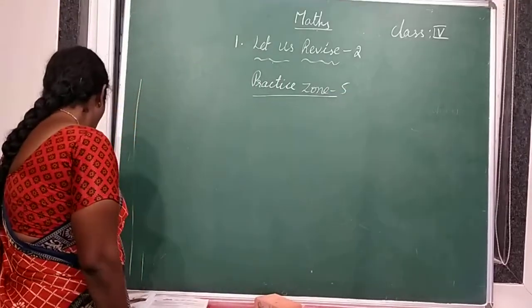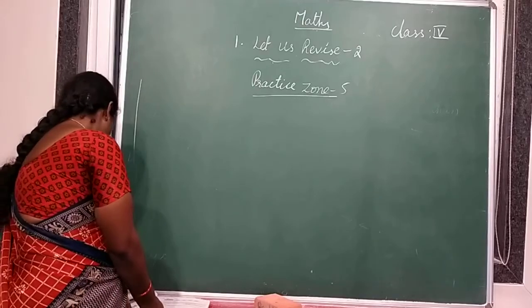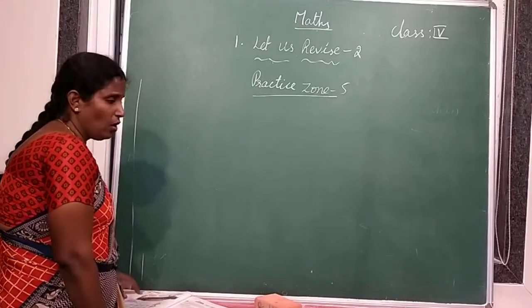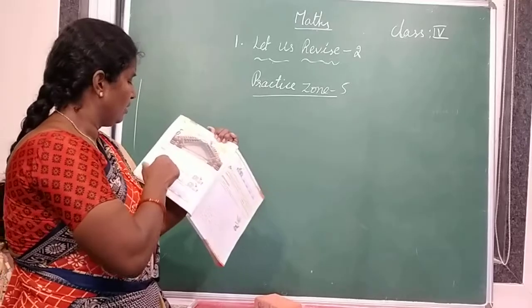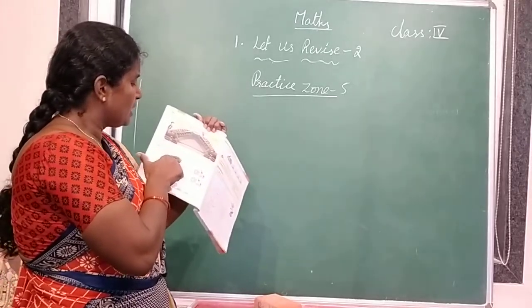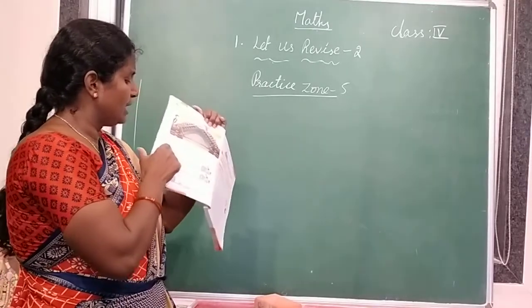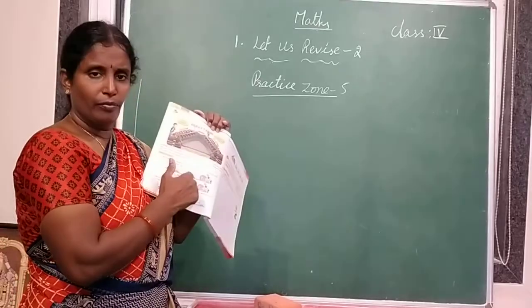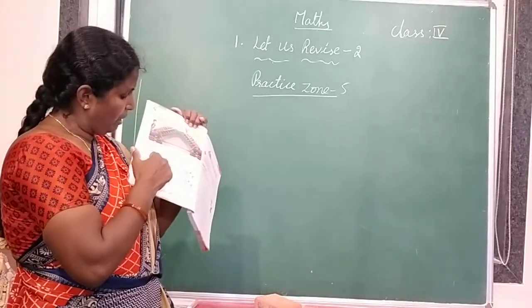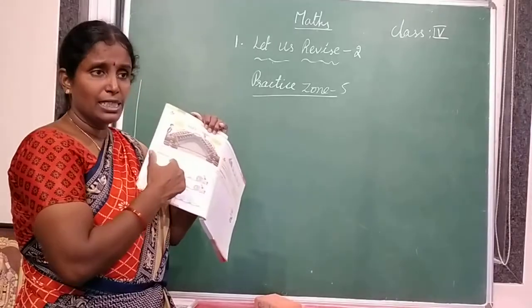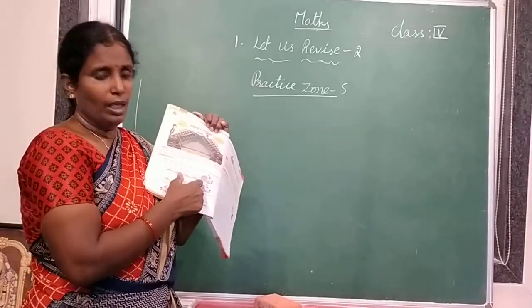Label the following coaches of the trains with the given numbers in ascending order. Here coaches are there. So we have to label these numbers in ascending order. Understood?